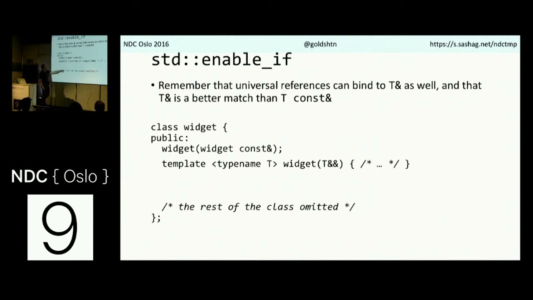So we have a constructor that takes a const reference and a constructor which takes a non-const reference, and that second constructor would be preferred. So essentially, we built a universal constructor which hides our own copy constructor.